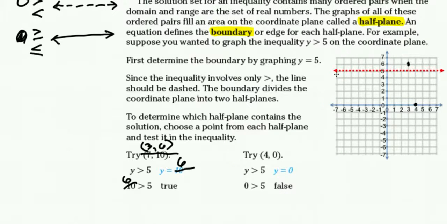This simply means that all the points on the bottom part of our half plane will make the inequality false, and everything on the top part of our half plane will make our inequality true. That means we simply have to shade the top part of our half plane, and that's how you graph the inequality y is greater than 5.